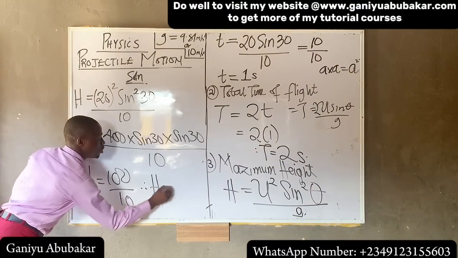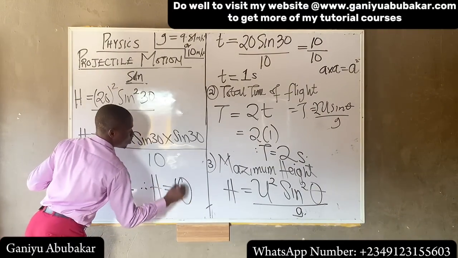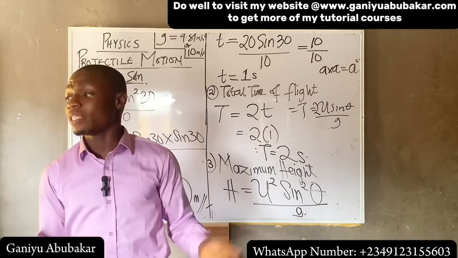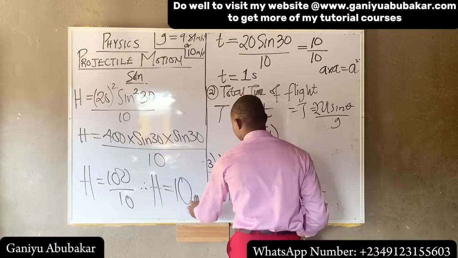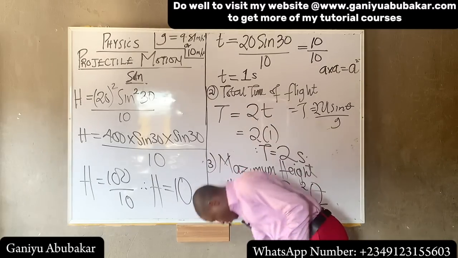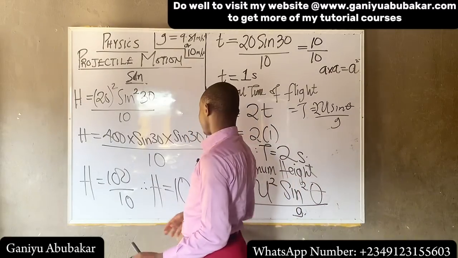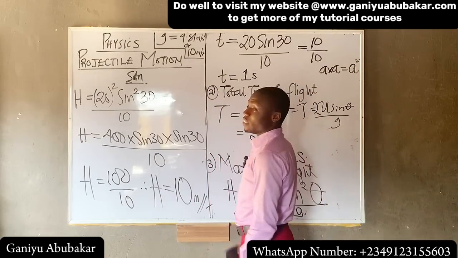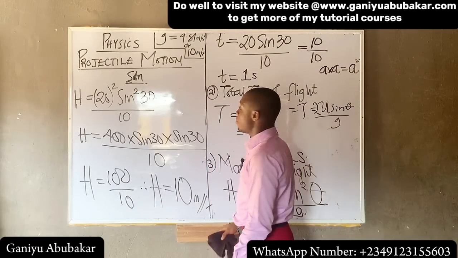Therefore, h equals 10 meters, because we say it's in height. So my h there is 10. Is that all? Let's get the final one, that's range.